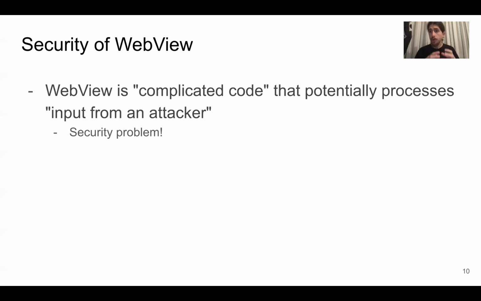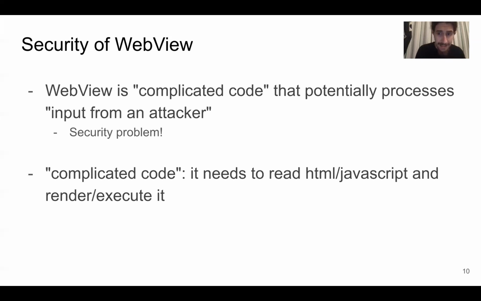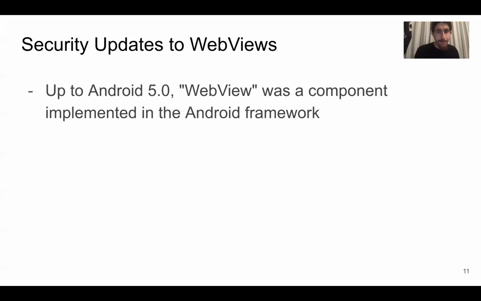Okay, so it was a core component of the framework. And again, this is complicated code, so it leads to bugs and so forth. And the problem is that up to Android 5, this web view was a component implemented in the big monolithic Android framework, which means that if you find a bug there, it still remains unpatched unless somebody else patched it.